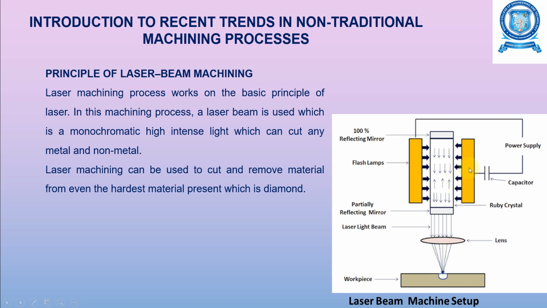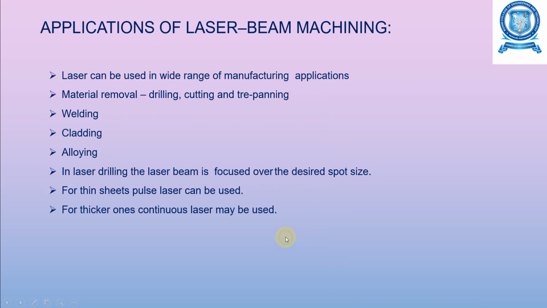The flash lamp is connected to a power supply through a capacitor, and the laser beam produced from the ruby crystal is made to focus to a point on the workpiece by this converging lens, and thus the part which is focused by the laser beam, the material is removed. So this is the basic principle of laser beam machining.